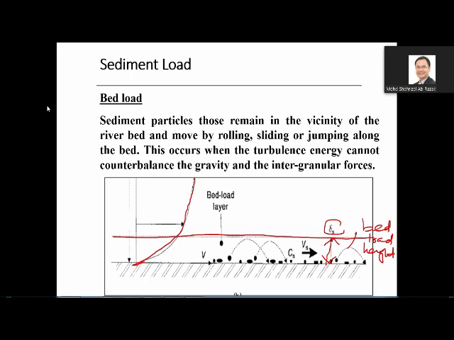But actually, if you go to any books of hydraulics or fluid mechanics, this velocity profile is divided into 3 layers. So kita ada outer layer, kita ada overlap layer, and then yang bawah sekali ni, which is your bed load punya height ni, we call it the viscous wall layer.